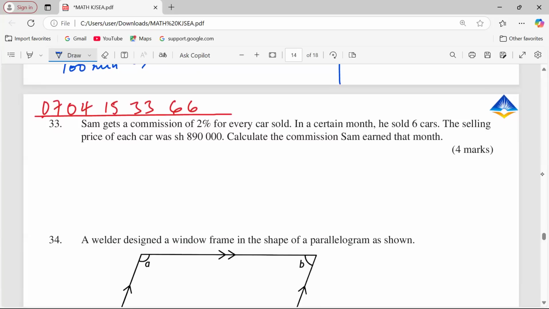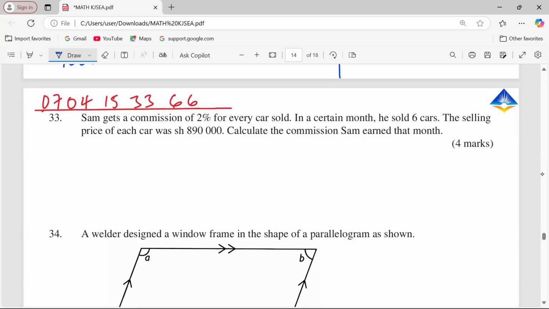So commission is 2% of every car sold. All right, then he is selling 6 cars. 1 car is costing 890,000. So we can work it by getting commission per car. From 1 car, Sam is going to get 2% of 890,000.